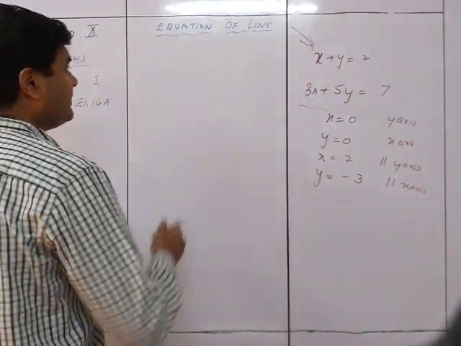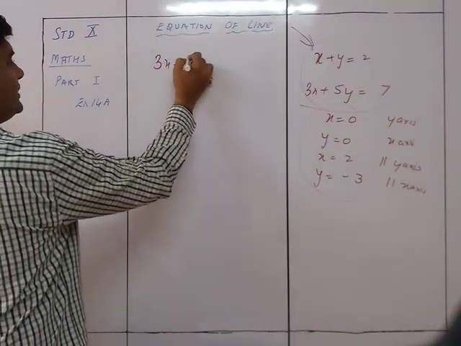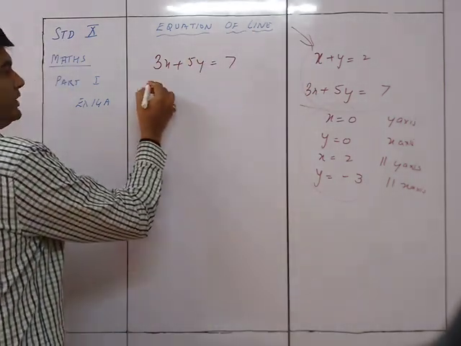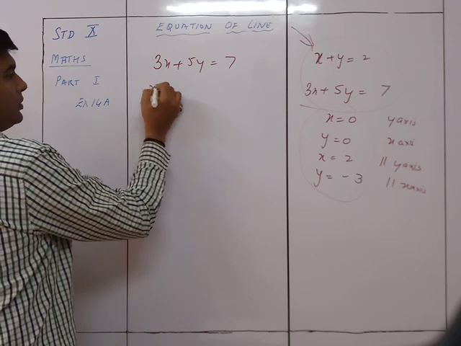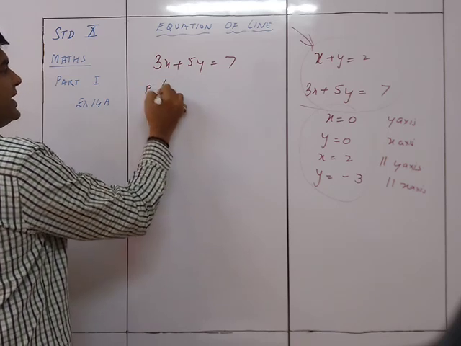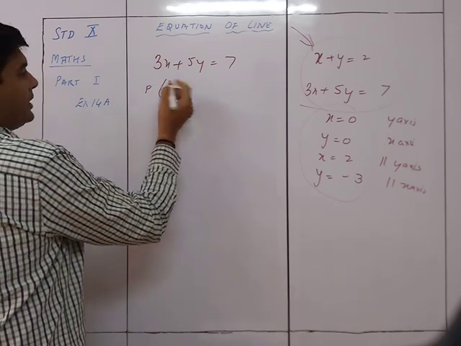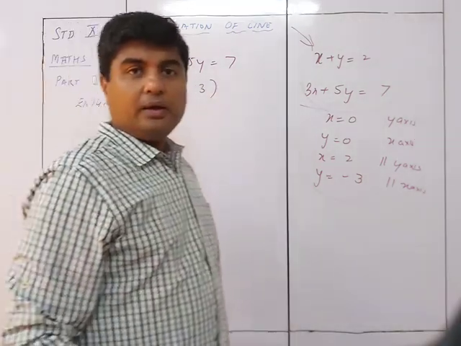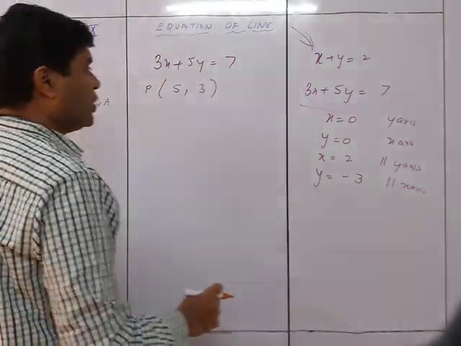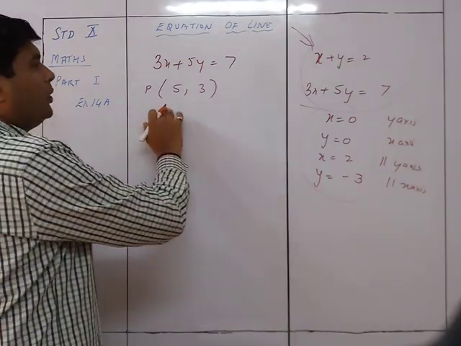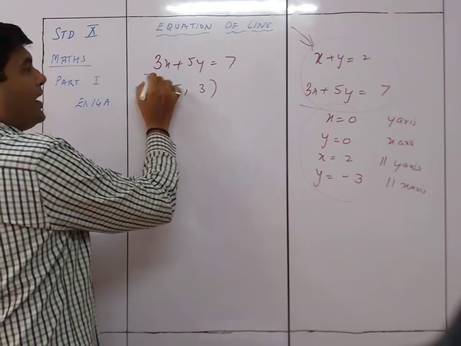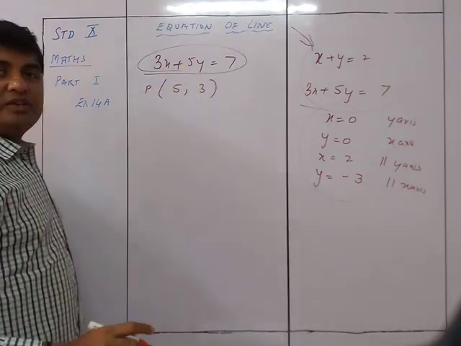Suppose the equation is given to me as 3x plus 5y is equal to 7, and I know that point P is 5 comma 3. I want to know whether this 5 comma 3 is a point of this equation or not.